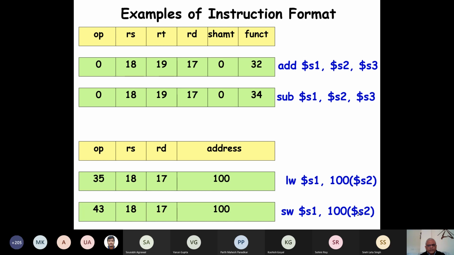And for load word, we have the offset here using the 16 bits. And for store word, it is encoded using a different opcode and the registers and the offset.